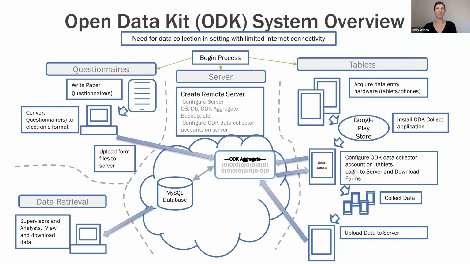This is an overwhelming slide, but by the end of this session, you're going to intuitively understand this, hopefully. The main point here is that the ODK system is a series of interconnecting tools that talk to each other.